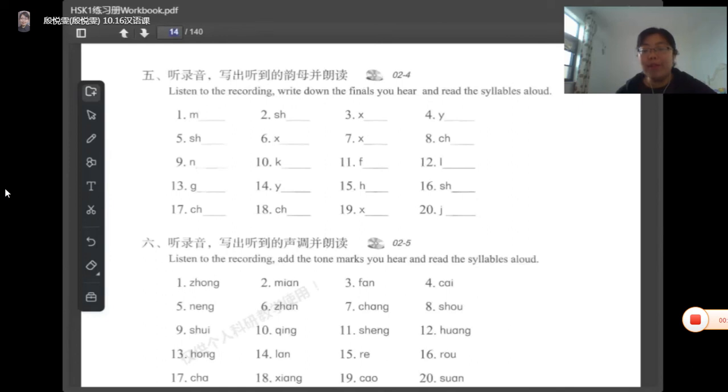Today we learned 风, it means wind. Very good. 12, 5. Very good.